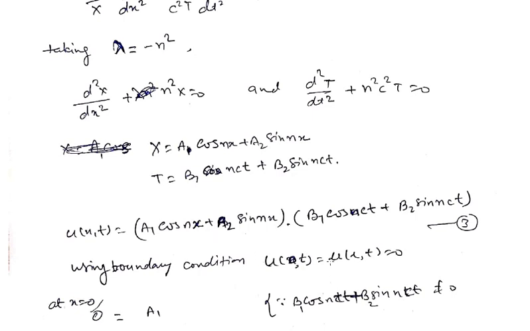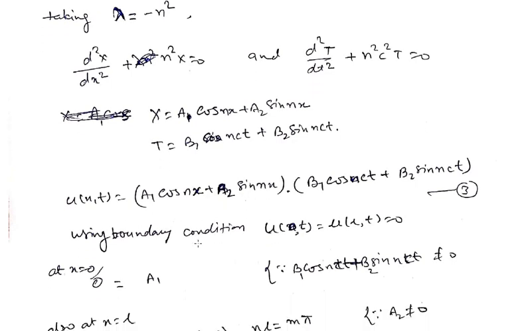Now we put x = l, u(l,t) = 0 using the boundary condition, which equals a1 cos nl + a2 sin nl, and this is a non-zero term. As we have already found the value of a1, which is 0, from here we get a2 sin nl = 0.